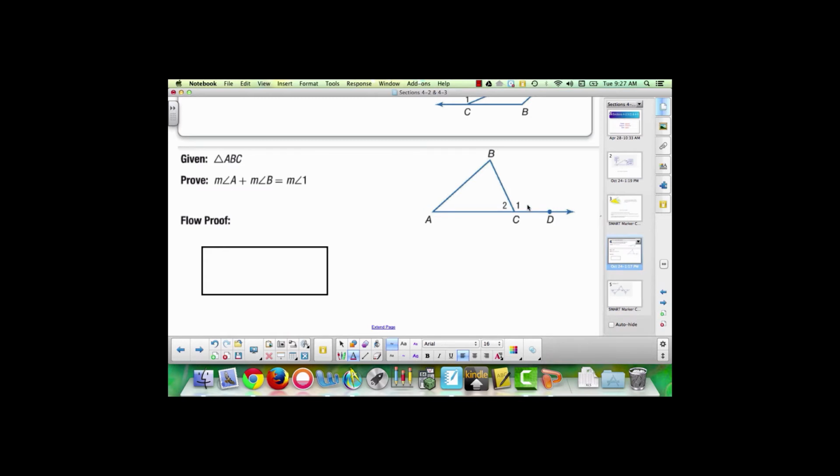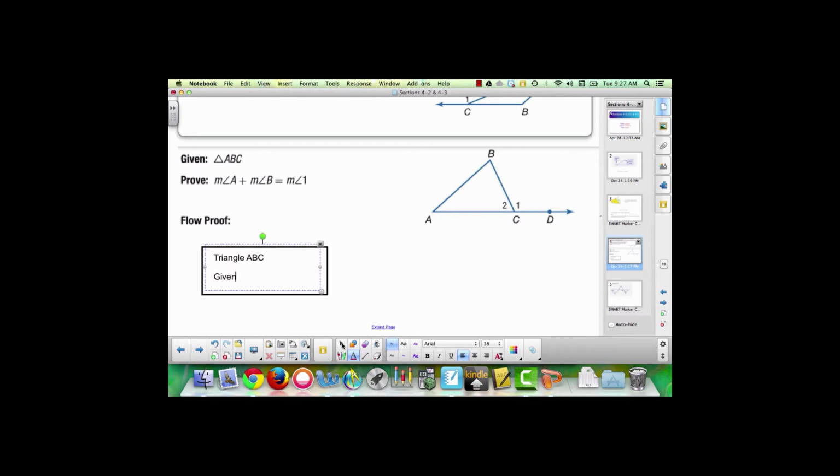We're trying to prove that the measure of angle 1 is equal to the measures of its two remote interior angles, angle A plus angle B. So we'll start off with this triangle ABC. So in a flow proof, in the box, I write the statement that I have triangle ABC and the reason: this is given information.